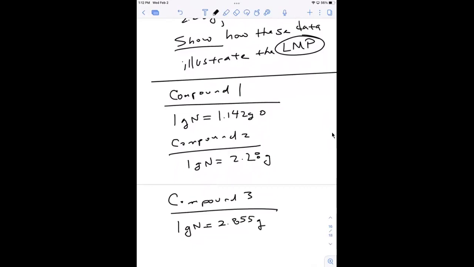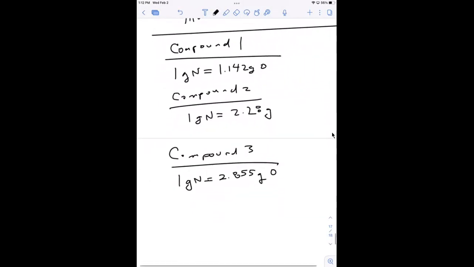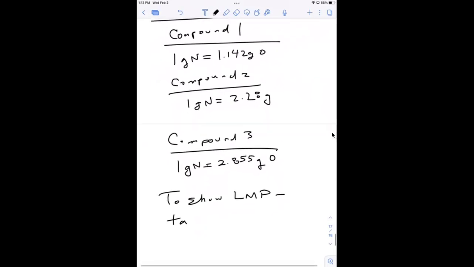So now the way that we show that this follows the law of multiple proportions, we take the ratios of the oxygen, because the fixed mass, it stays. So everything else, the other atom, we're going to compare those ratios to see if we get small whole number ratios by comparing them.